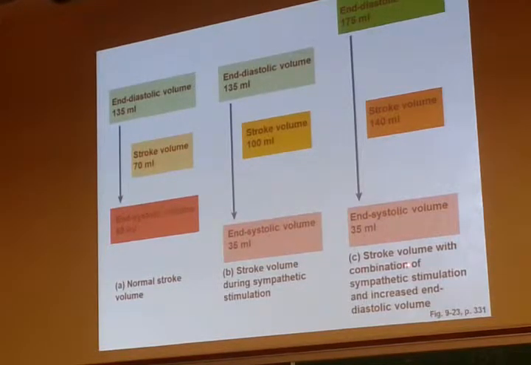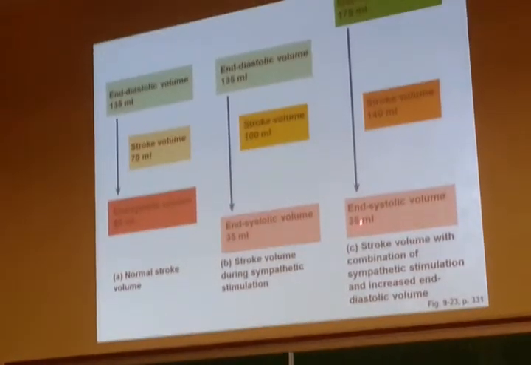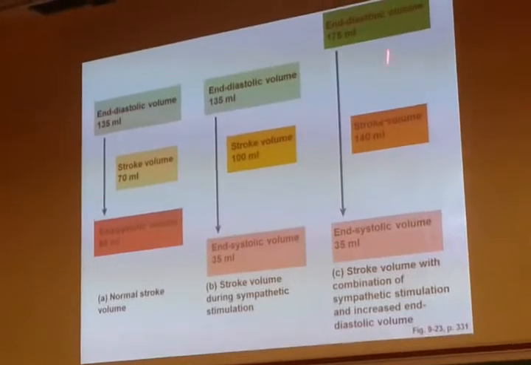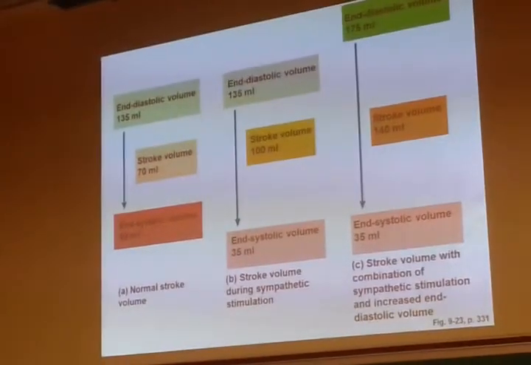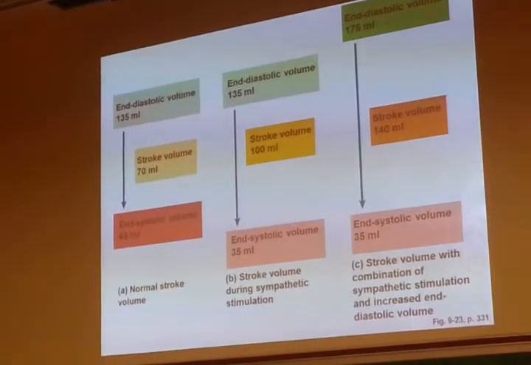But with a combination of sympathetic stimulation, where you can get down to this 135 mL, and you have a larger end diastolic volume, you get an even bigger stroke volume.